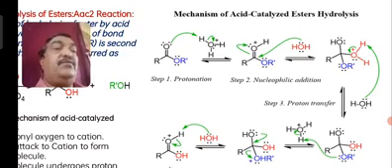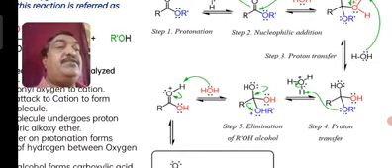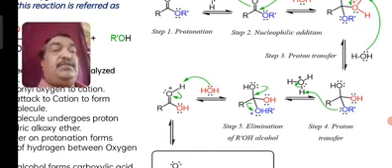Okay, in the fourth step, what happened, the OR group H will become OHR, that is like an alcoholic group, ROH. Still the oxygen carbon bond is there, and protonation occurs again, and that proton makes the next molecule RCOH OHR dash OH.